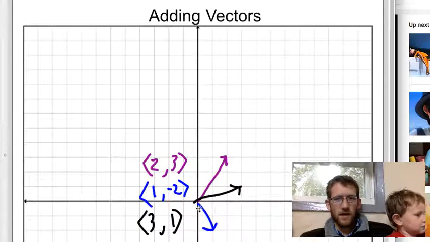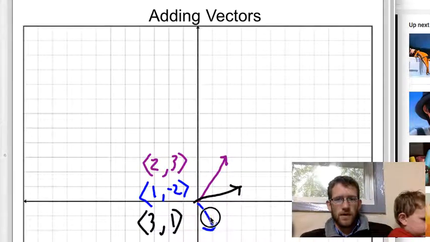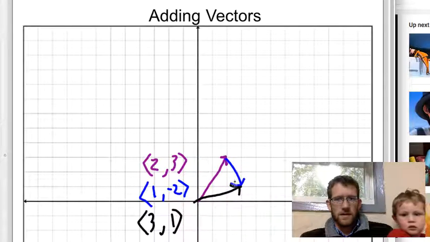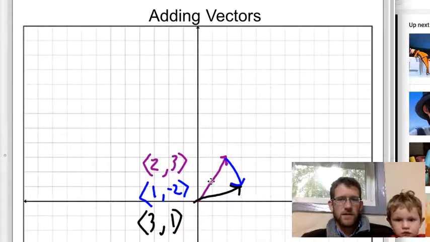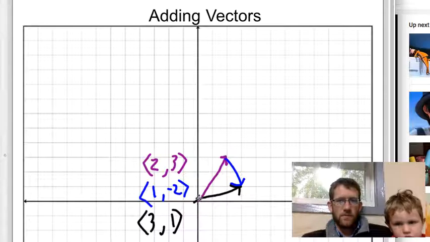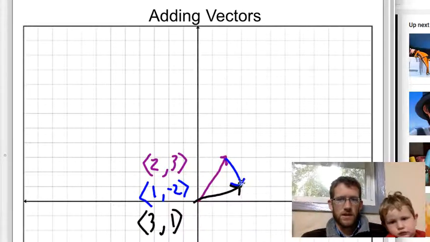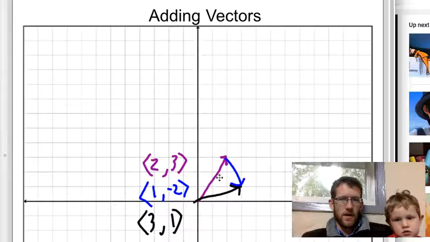If I'm zooming in this direction and then I thrust in this direction, my actual path is this direction. We can show that this is true because if we put these together, it makes a nice little triangle, right? These two vectors added together, the purple one plus the blue one, is equal to the black one here.